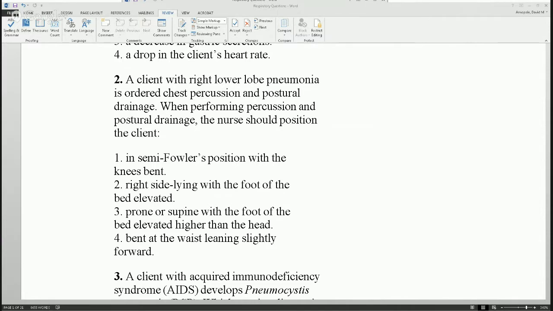Four? It is 3. Really? The aim of percussion and drainage is to mobilize pulmonary secretions. In right lower lobe bronchopneumonia, the nurse should position the client with the right side up, or lower lobes elevated above the lower lobes. This position would employ gravity in mobilizing pulmonary secretions. Semi-Fowler's position of being bent would hamper mobilization of secretions. Oh, nice.